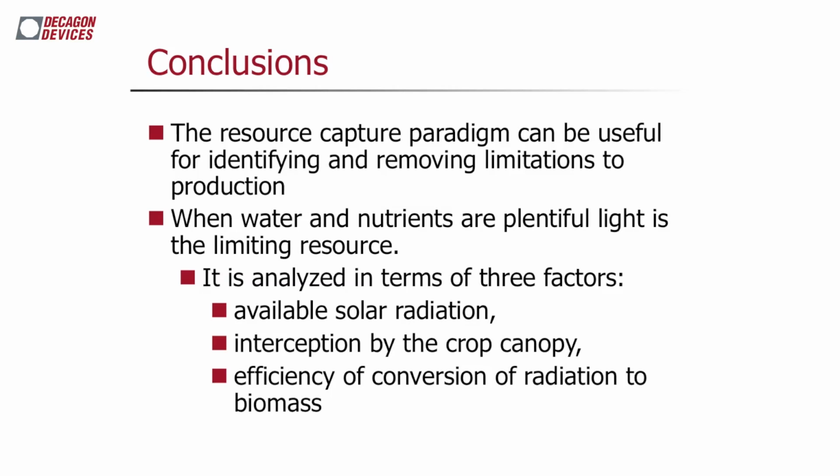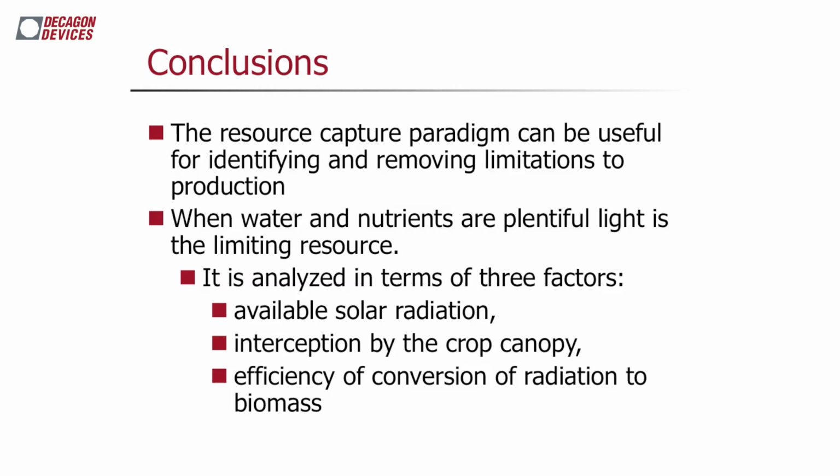Now, it's analyzed in terms of 3 factors that we discussed. The available solar radiation, where we talked about how changes in solar radiation will affect the radiation use efficiency. Interception by the crop canopy, where we talked about how we can go out and actually measure that with a few different instruments.